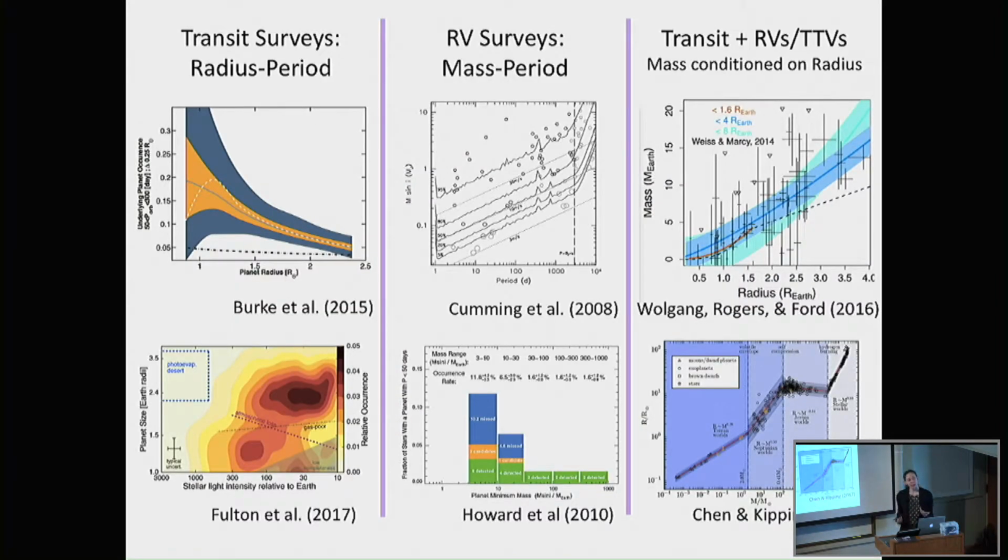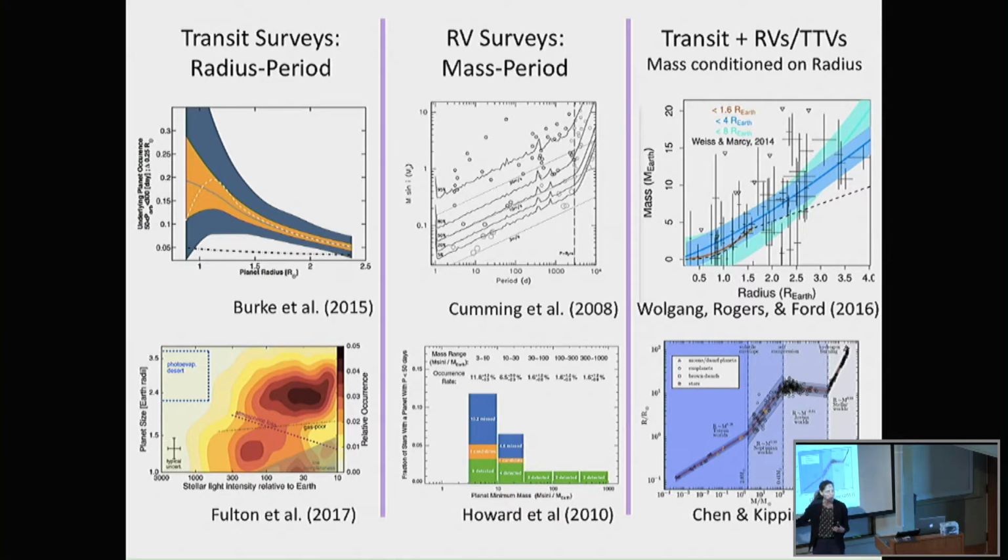At this point, statistical studies of exoplanet populations are a whole sub-industry in the exoplanet field. In transit surveys, there have been multiple studies probing the radius and joint radius-period distributions. This whole slide is woefully incomplete.